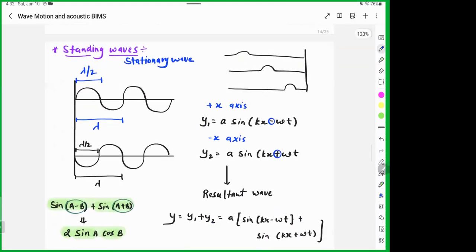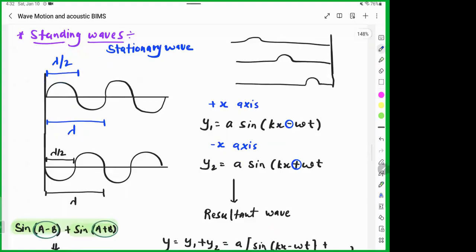So now we are talking about the stationary wave, also known as the standing wave, because ultimately it is at rest, and anybody that is at rest can be called standing or stationary. We know for one complete wave, the wavelength will be lambda.